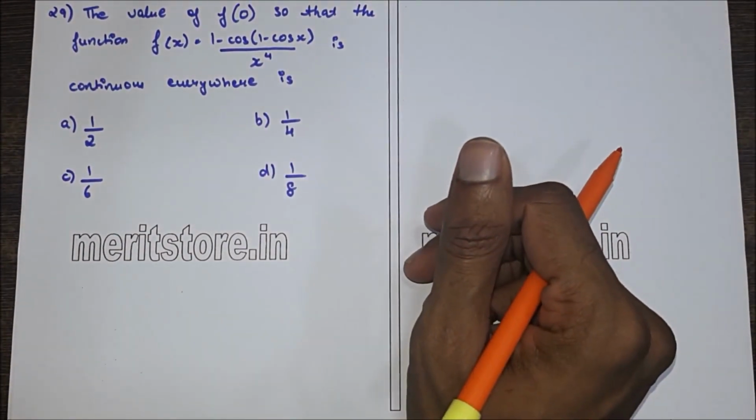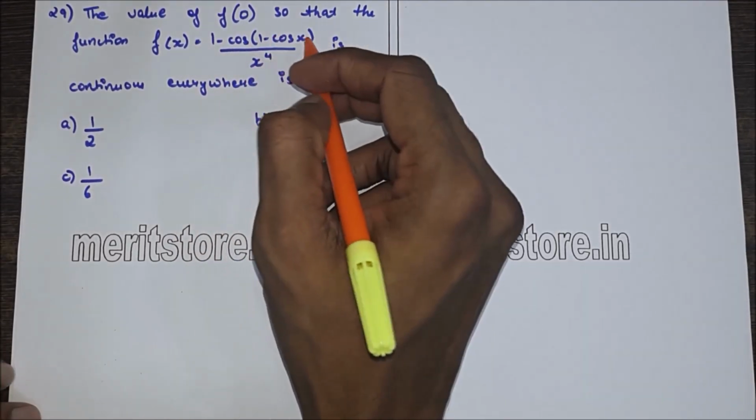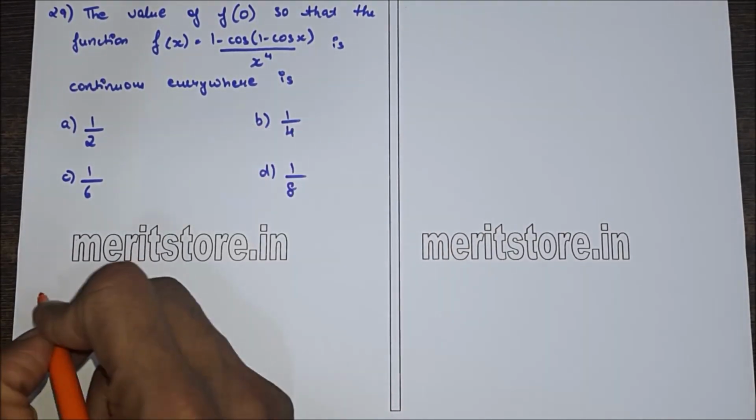The value of f of 0 so that the function f of x is equal to 1 minus cos x upon x raised to 4 is continuous everywhere, given 4 options.